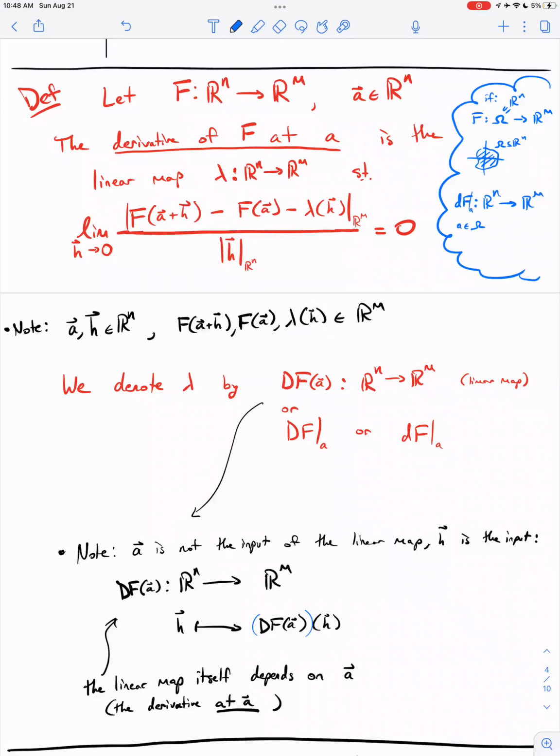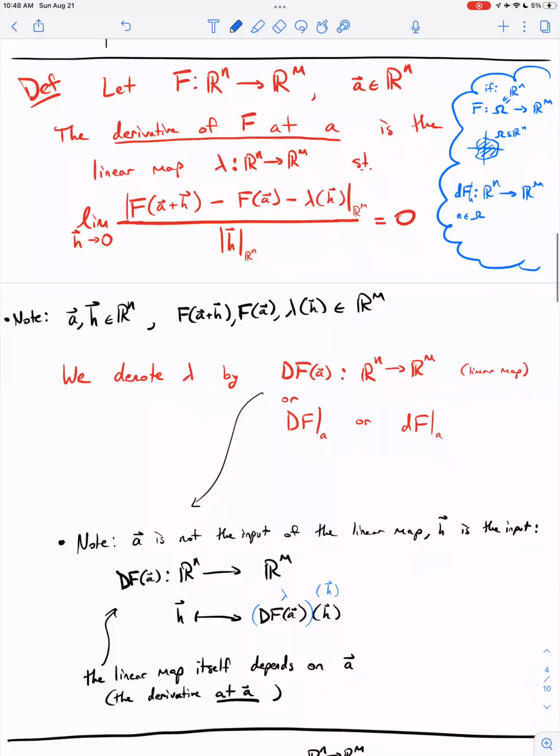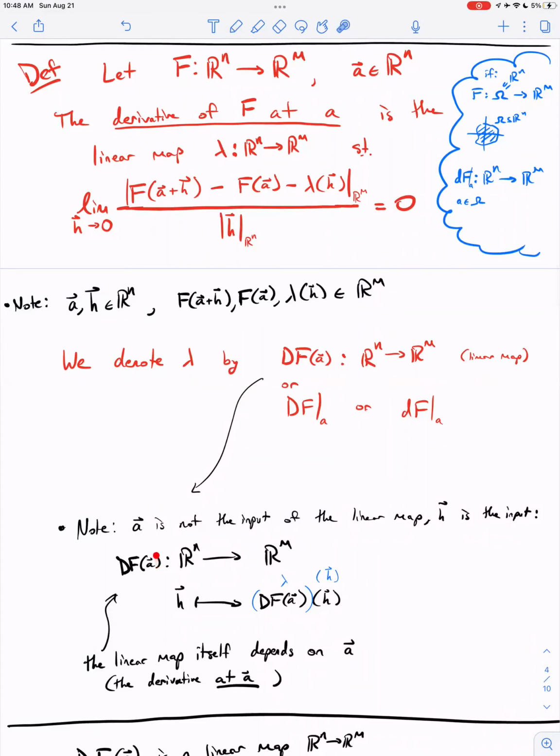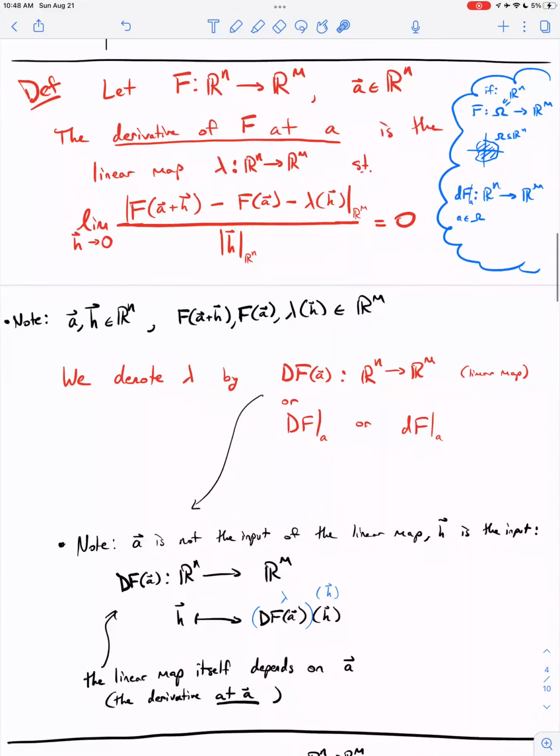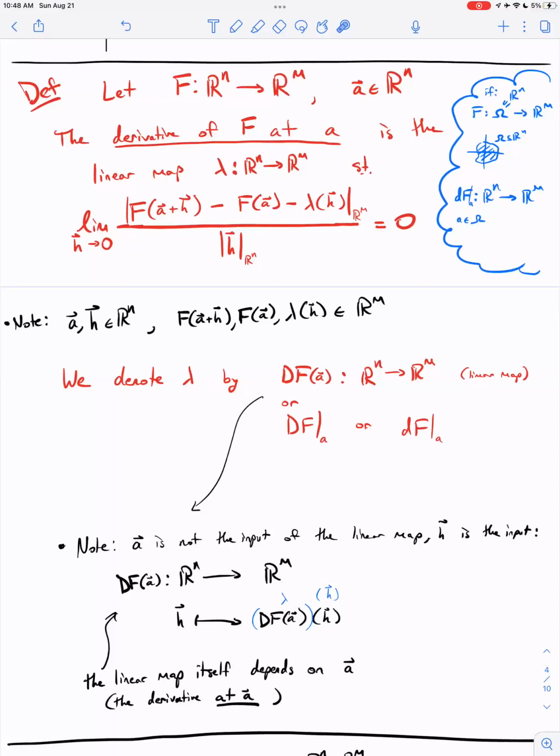And this is my lambda of h. But if you were to change the value a, a is where you are taking the derivative. Sorry, it's not that it has nothing to do with the linear map you get out.